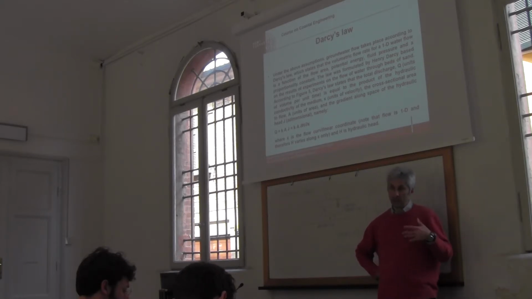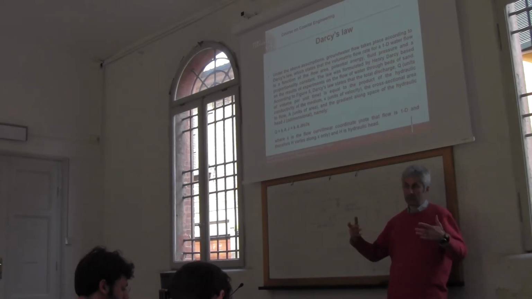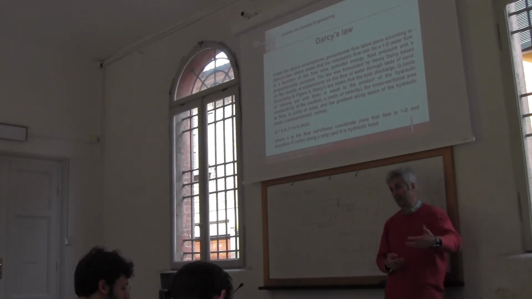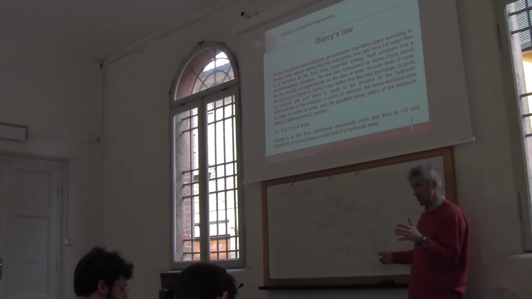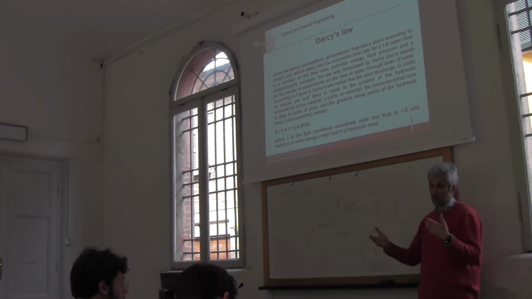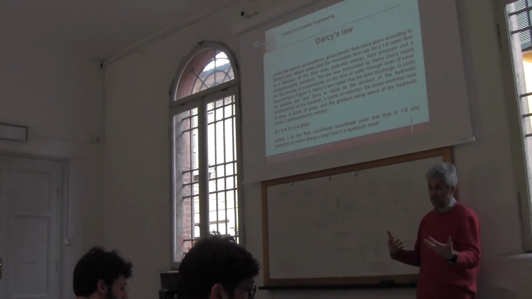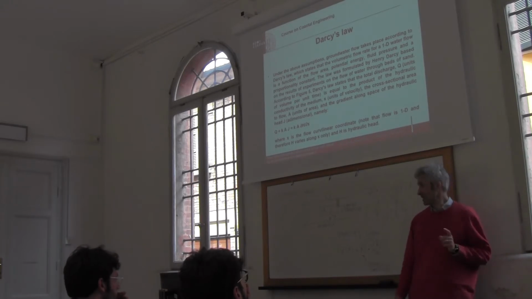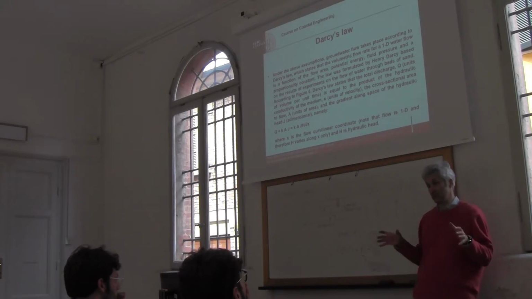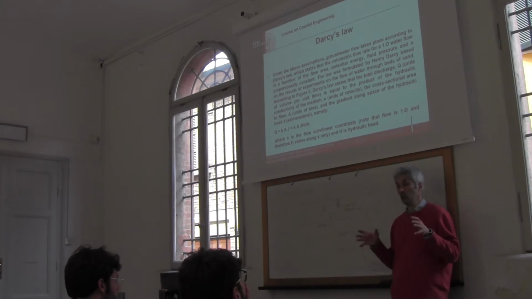You studied, for instance, that the resistance offered by air to the movement of a car is proportional to the square of the velocity. So you should now wonder why, in this case, energy decline, which is equivalent to resistance, is linearly proportional to velocity. And the reason is that the flow in the groundwater is extremely slow.